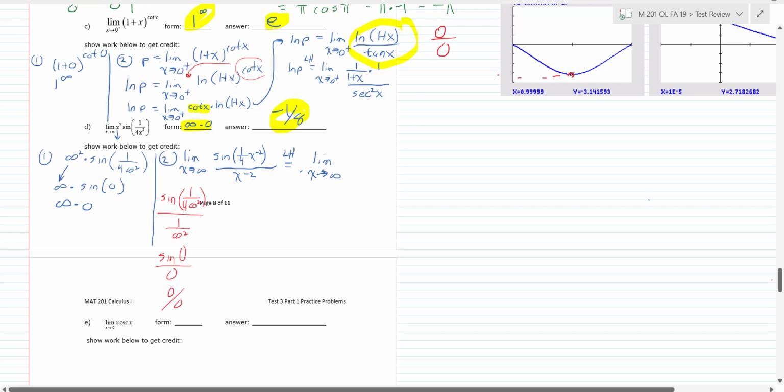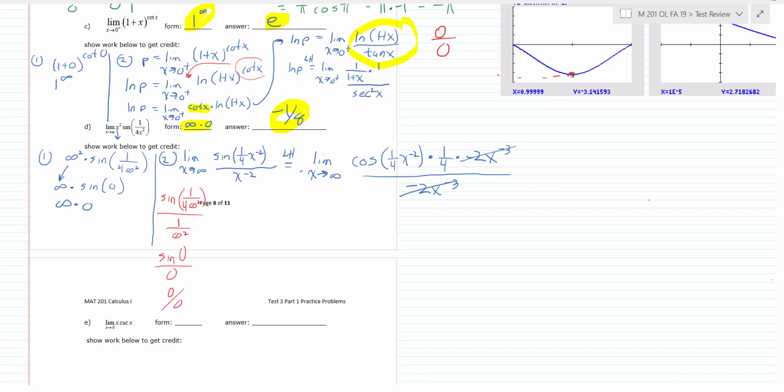The derivative of a sine is a cosine of that argument times the derivative of what's inside. So 1/4 is a constant, but that's negative 2x to the negative 3. I don't know why I did that. Go down to the bottom. The derivative of x to the negative 2 is negative 2x to the negative 3. Well, I made this problem way too difficult. That and that cross out.